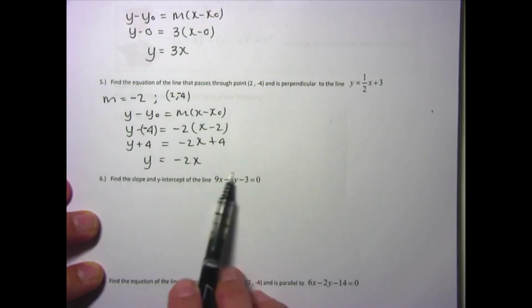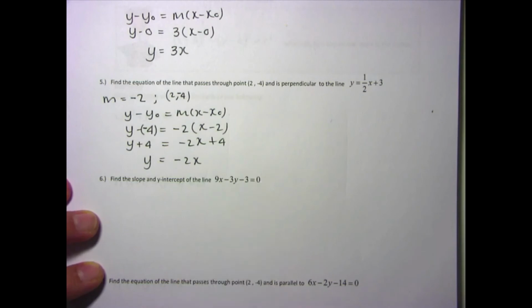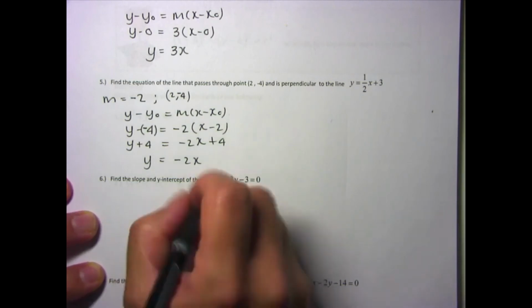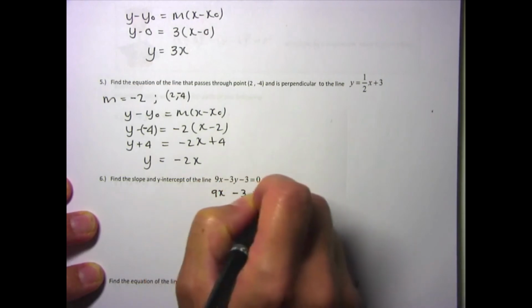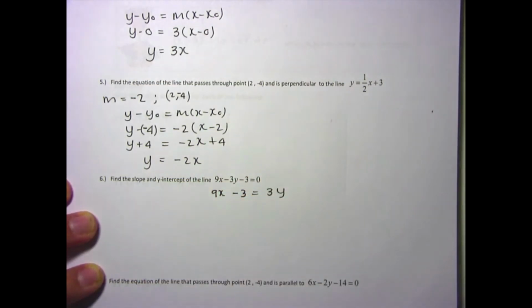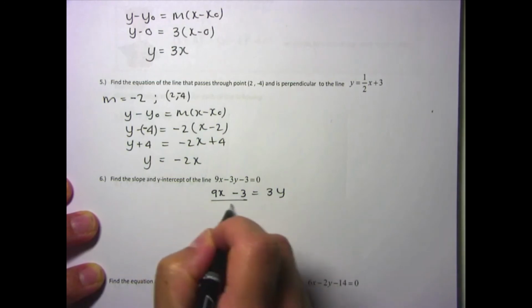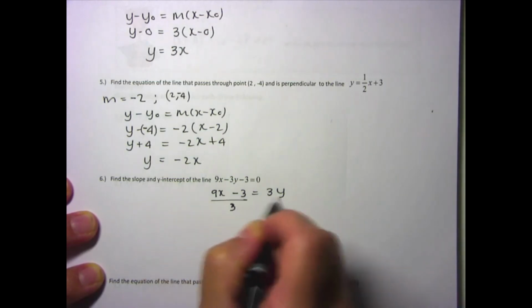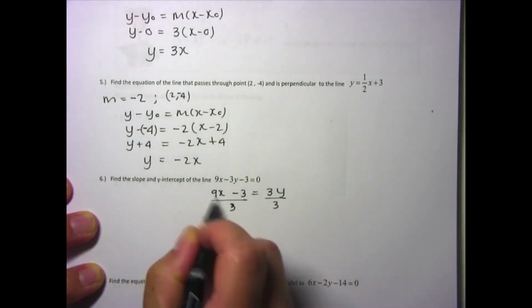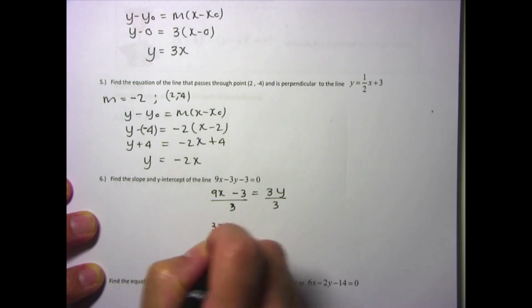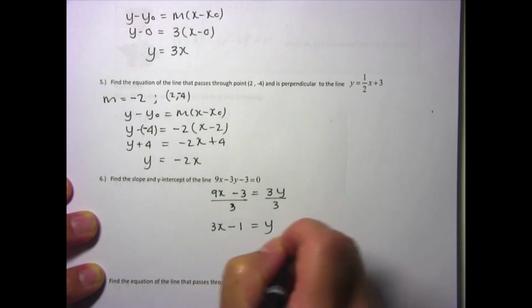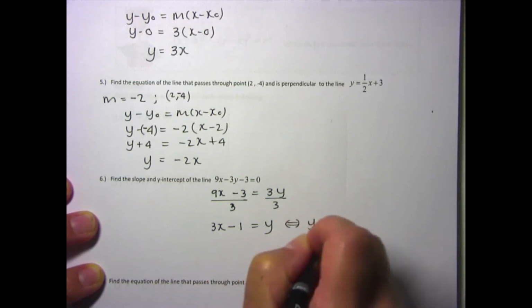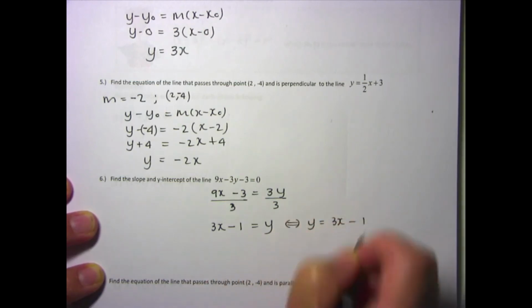So again, I'm going to take the component that contains y, get it alone on one side of the equation. So 9x minus 3 is equal to positive 3y. To get y by itself, I'll divide both sides by 3. 9 divided by 3 is 3x minus 1 equals y. Or of course, if you like to read it like this, y equals 3x minus 1.